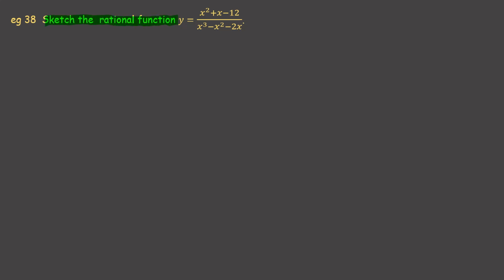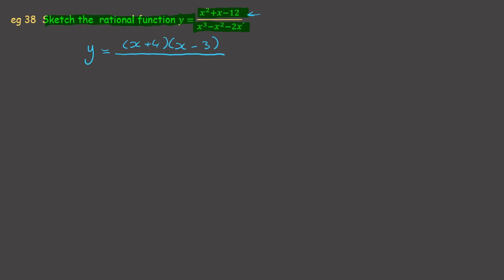Sketch the rational function y equals (x squared plus x minus 12) over (x cubed minus x squared minus 2x). Okay, so we can factorize the top, and indeed we had that in the last example. So we know that's (x plus 4)(x minus 3).